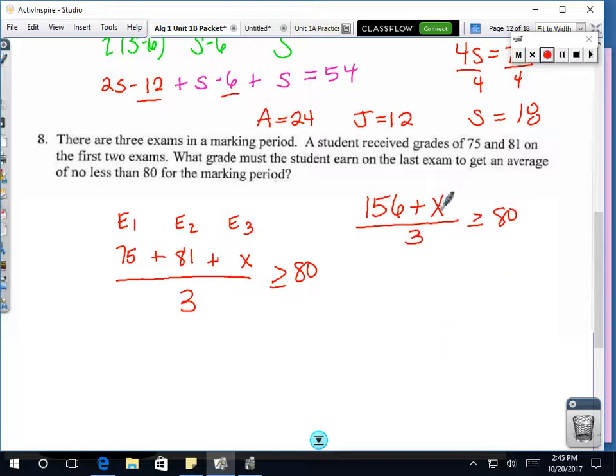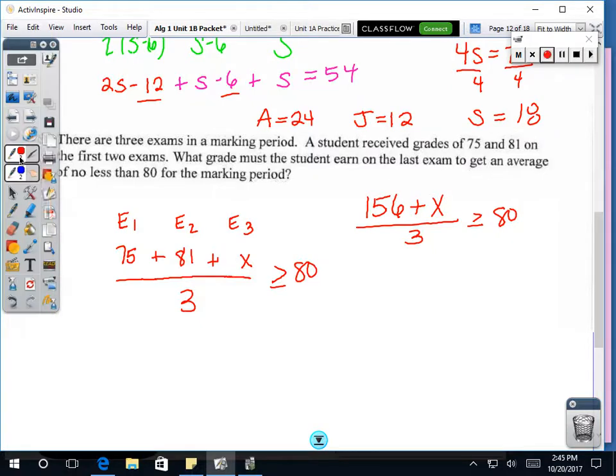Now, to get x by itself, you've got 2 things on this side that need to go, but what goes first? The 3. It's trapped up there, because this division bar is trapping it. So first we get rid of the divided by 3 by multiplying by 3. Over here it cancels out because 3 over 3 is 1. Then you multiply by 3. So 156 plus x now is greater than or equal to 240.